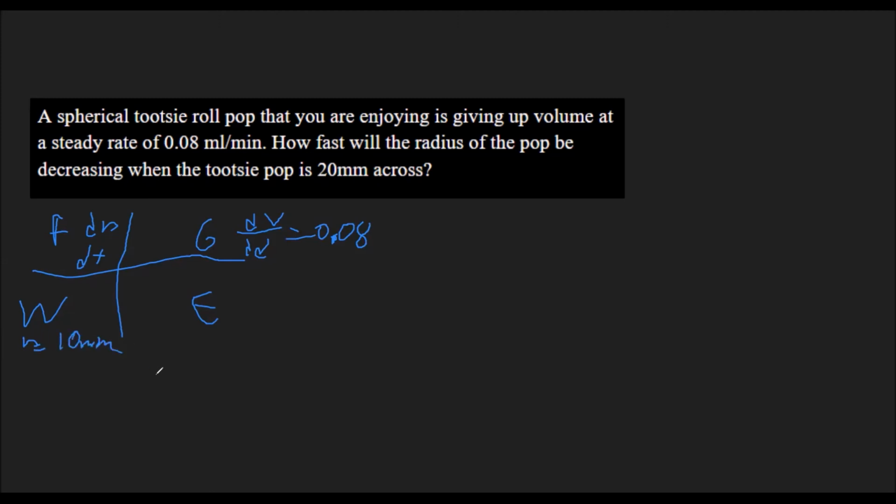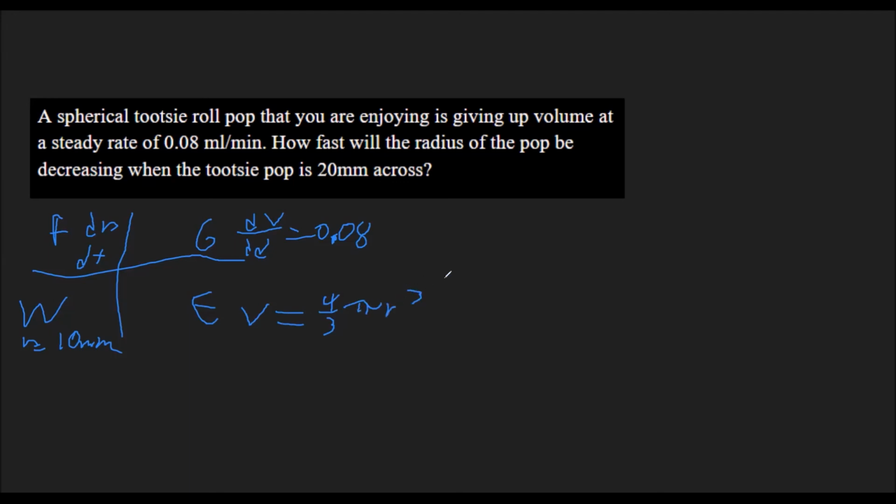Now, what is the linking equation? How can we incorporate both volume and radius into a spherical equation? Well, we can just use the volume of a sphere, which is 4/3 pi r cubed. Now, we're going to derive this.